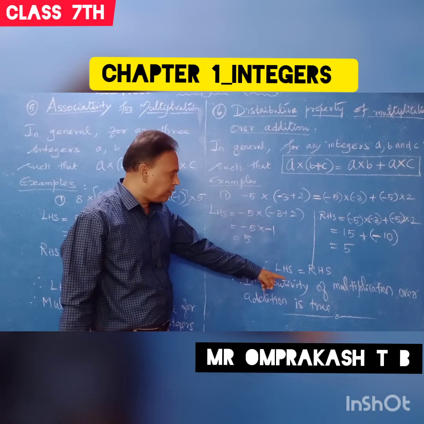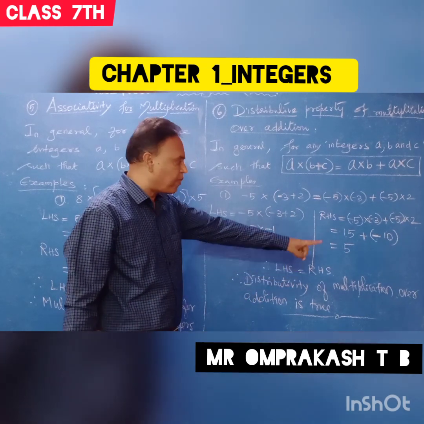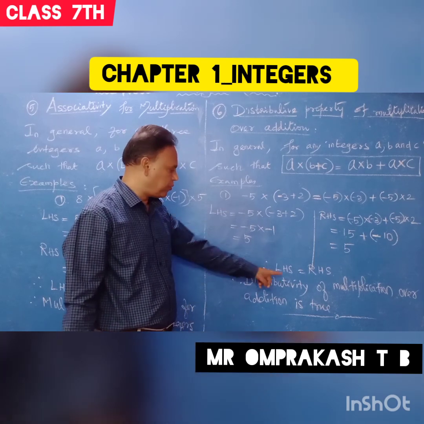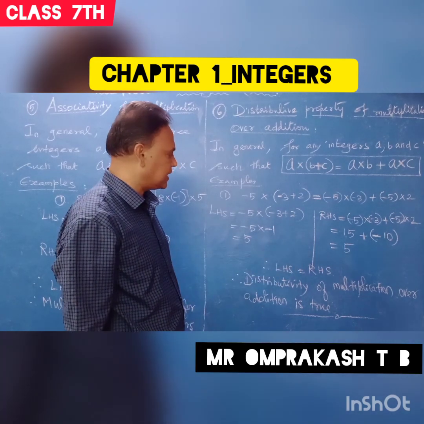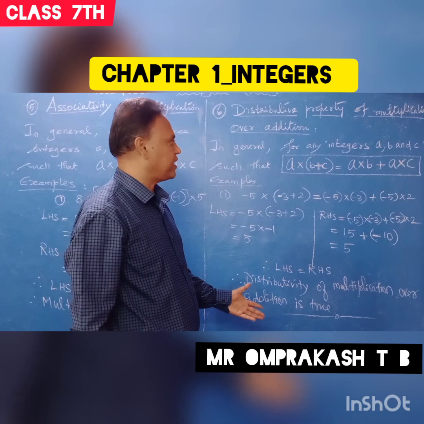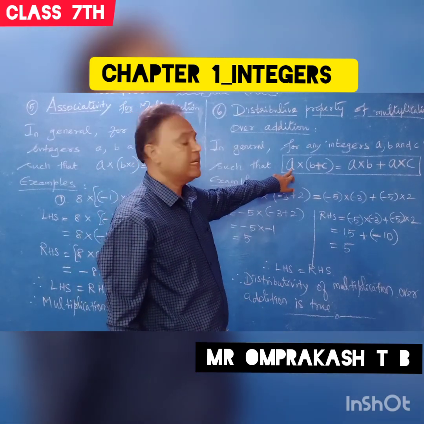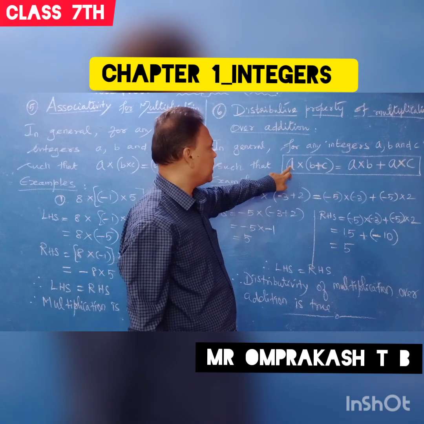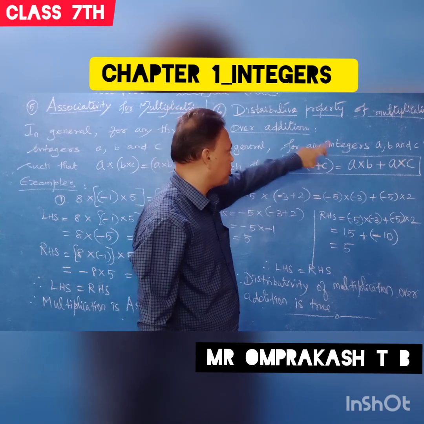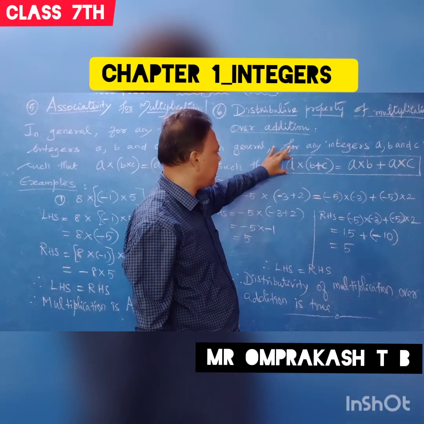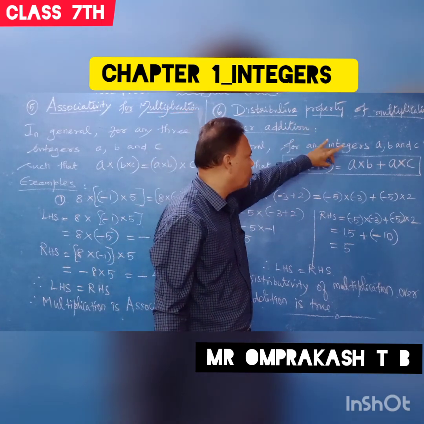Therefore the distributivity of multiplication over addition is true, or is satisfied, you can write it. See here, the meaning is what? Here A, you have to distribute to both the terms. Clear? You take A and distribute it to both the terms.